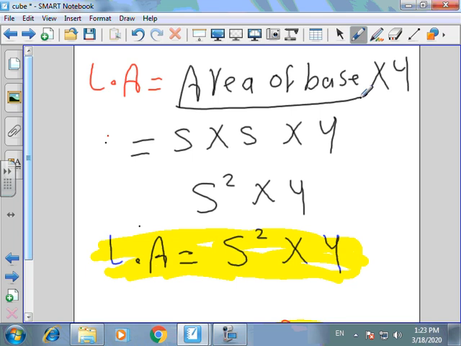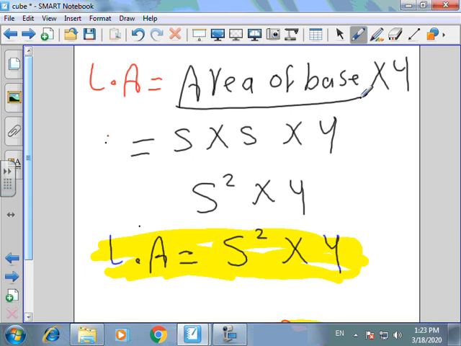The cube also has 4 walls, excluding the ceiling and the floor. For the lateral surface area, we count only the walls surrounding us, but not the ceiling and the floor. So we get the area of the first wall and multiply it by 4, because all the walls are equal. Very good.